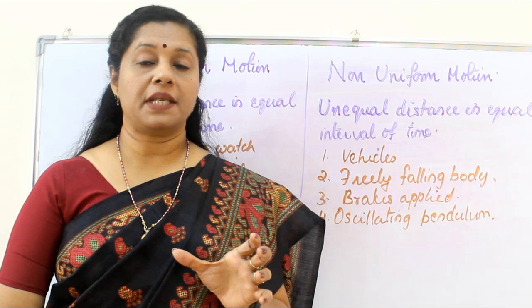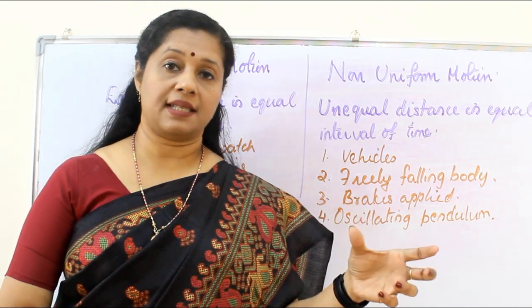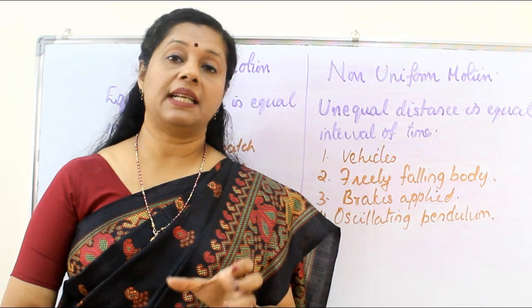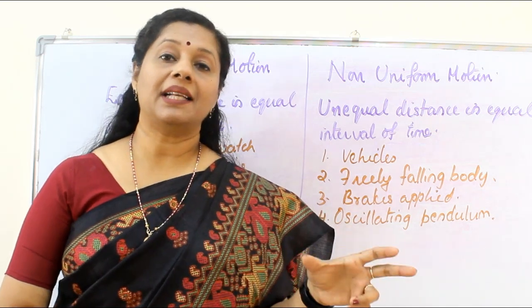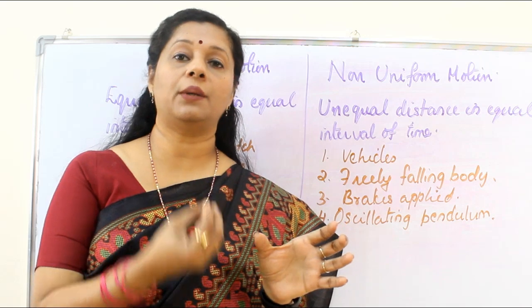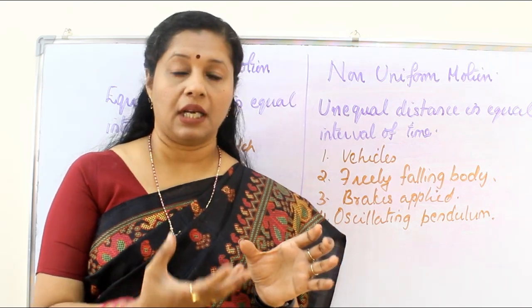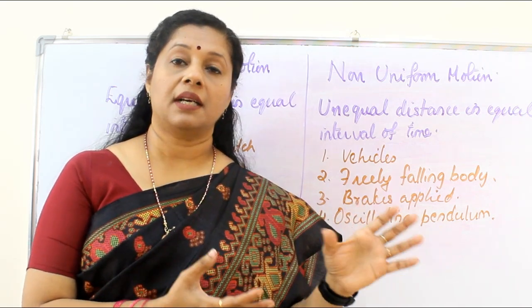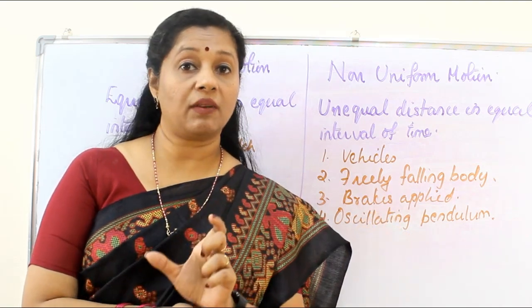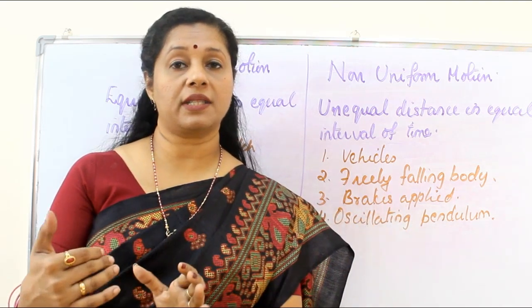But if the object is covering unequal distances in equal intervals of time, for example, in the first 10 minutes it covered 30 kilometers. But in the next 10 minutes, the time interval is the same, it is covering only 20 kilometers, maybe due to traffic. Then in another 10 minutes the car is moving faster, maybe 45 kilometers, because the driver wanted to cover up what he lost in the traffic.